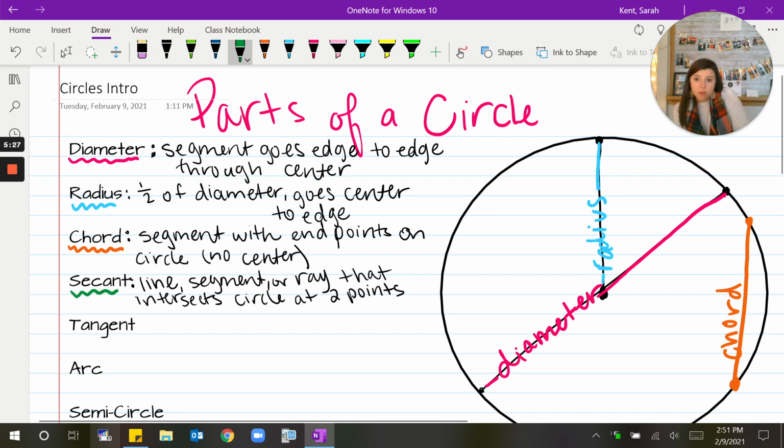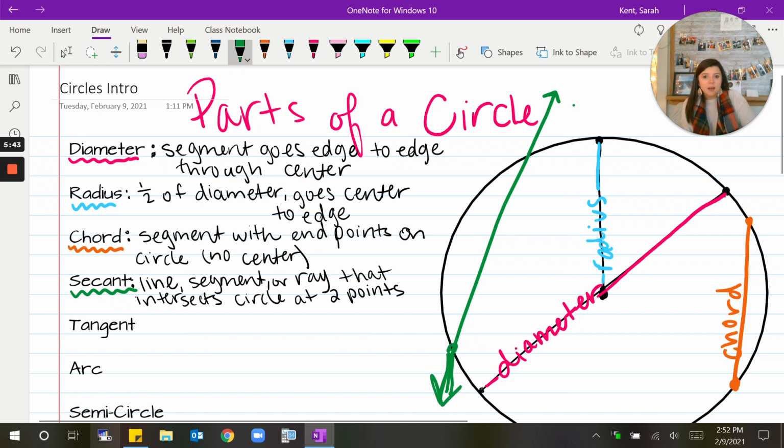So what a secant will look like, there we go, like this. Okay, the end is not very straight, sorry. But it's got 2 points, and you can see it goes past the circle. So it doesn't stop at the edge, it just crosses over the circle. So this is our secant.